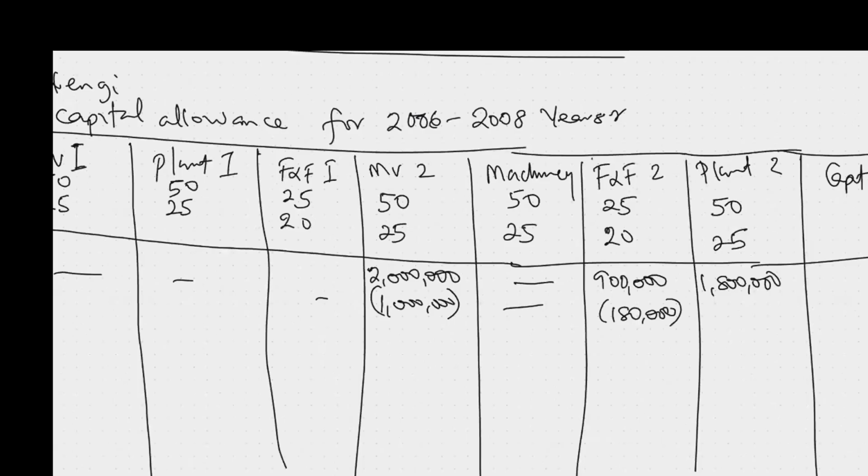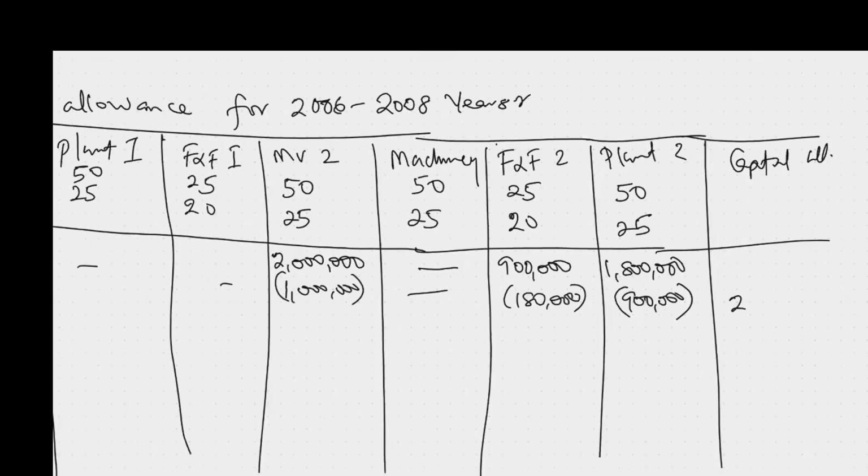Add everything. What do you have? Please, someone should be confirming. We have 2,080,000.